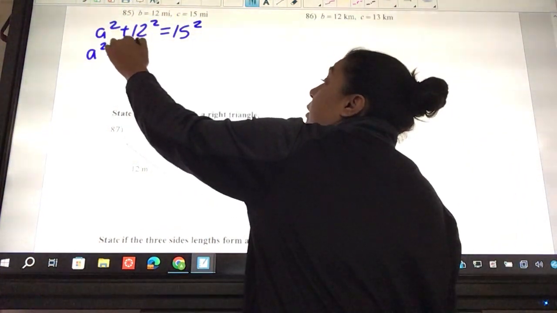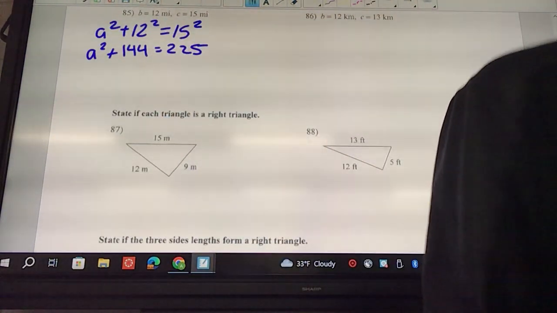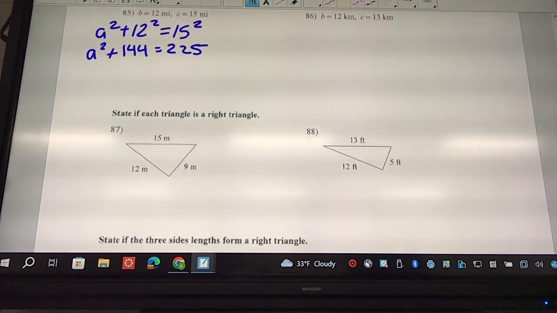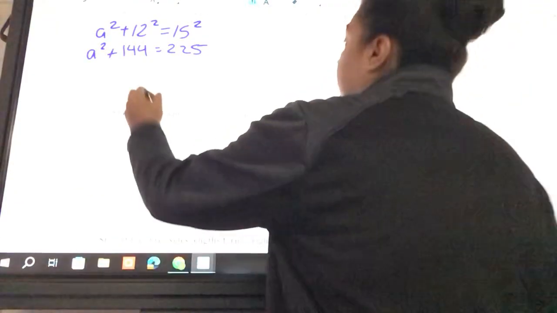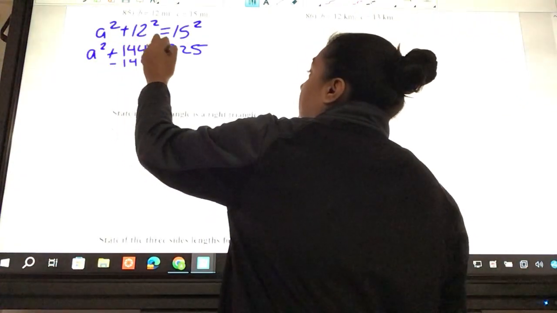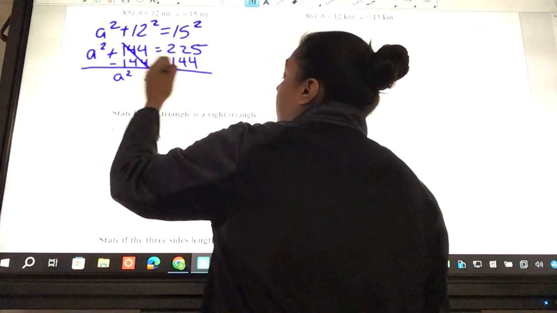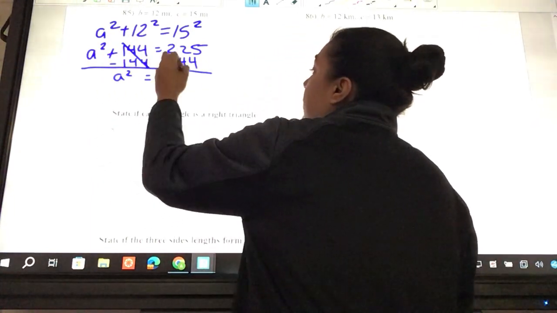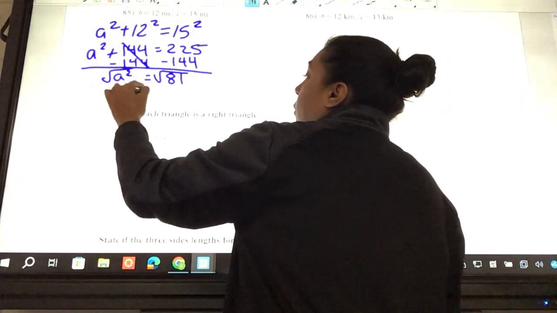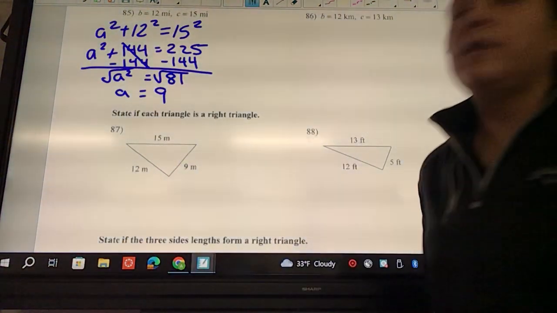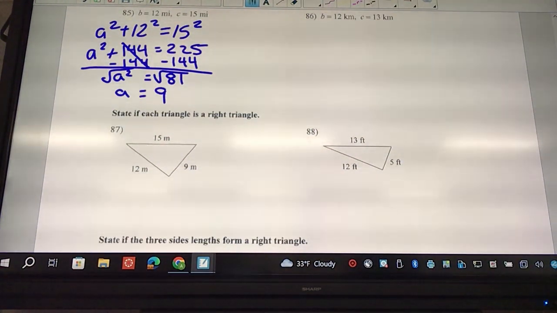What is 15 squared? 225. Then what do we have to do? Minus 144 from both sides. What is 225 minus 144? 81. And then we're going to square root. What do I know my answer has to be smaller than? 15, because C is 15, so it's got to be smaller than 15.